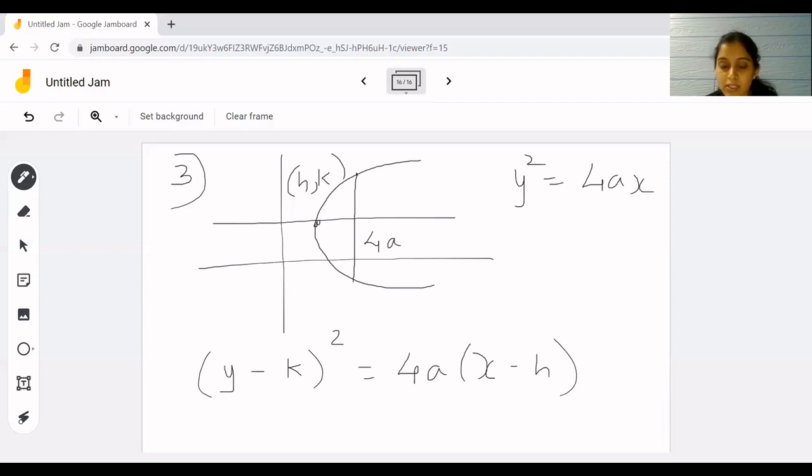If that is not the case, and you have a general parabola whose vertex we do not know, then it is given by (y minus k) the whole squared equals 4a into (x minus h).